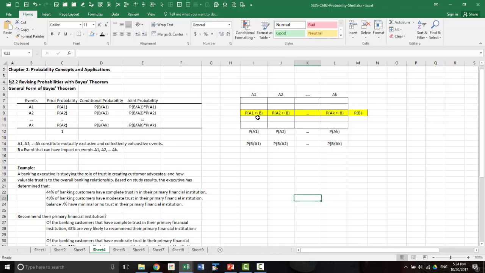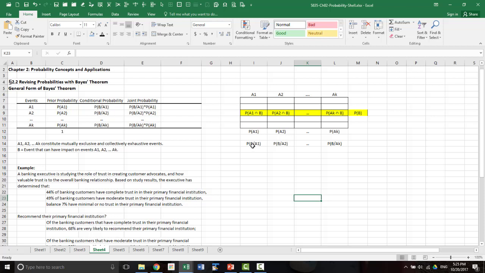It's something like this. Suppose this whole thing is the sample space. That's A1, that's A2, and so on, A sub k. They are mutually exclusive and collectively exhaustive. Now we have probability of B given A1, and this is probability of A1.